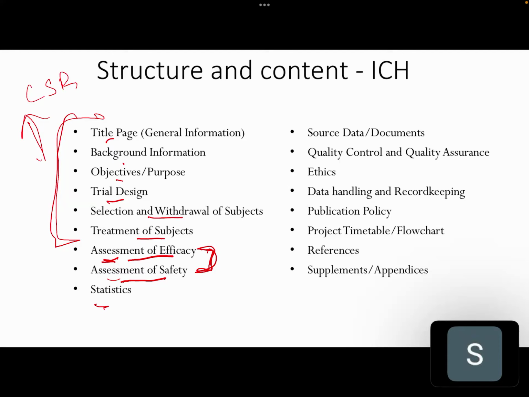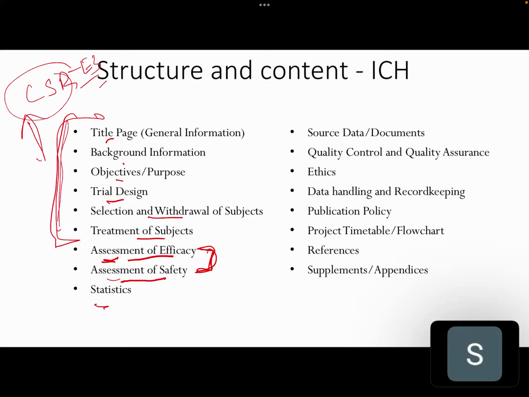Protocol you write in present language. CSR, because the study is already done, past. Although this is not the topic for today, it is the E3 guideline, just a little extra. But again, this much information you directly copy from your protocol. Why am I giving you this tip? If you get a chance to work on a CSR, don't worry about how you will do it.